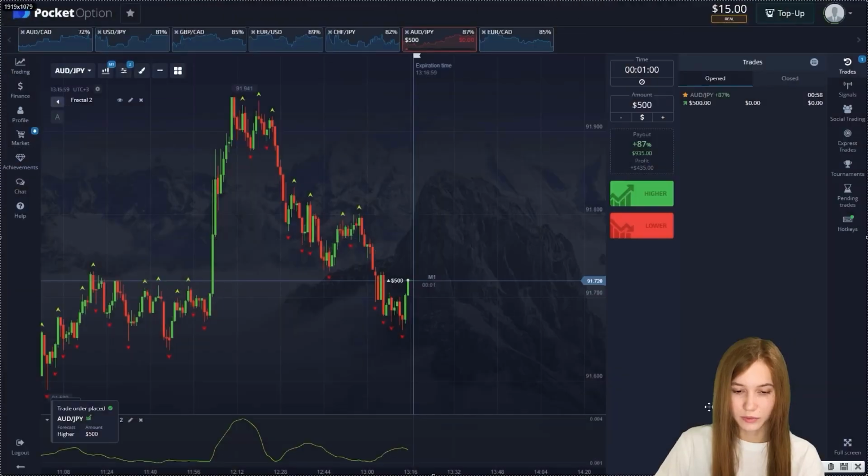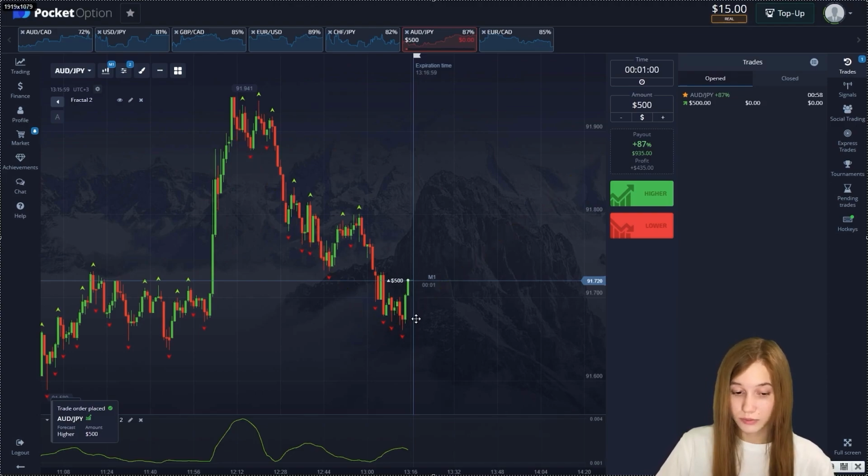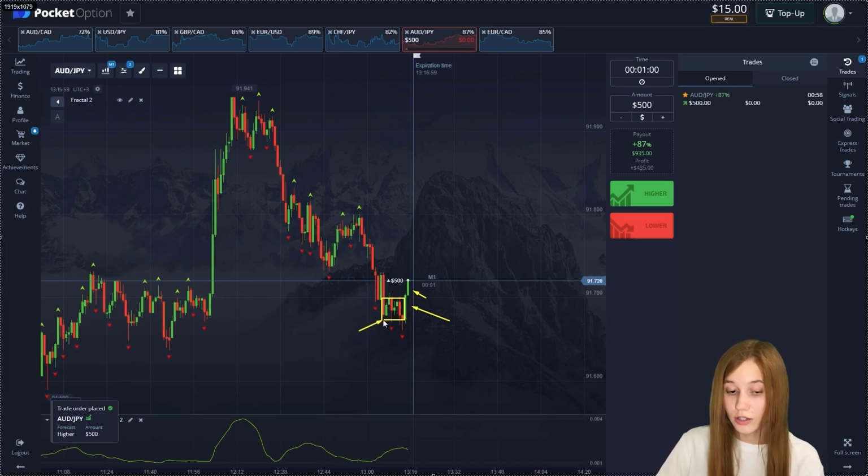Here we are. Let's open up and we set our technical analysis. By technical analysis, we see drawdown. We see 2 green candles. This tells us that the trend has changed. We see that when the trend changed, we began to experience some kind of consolidation.